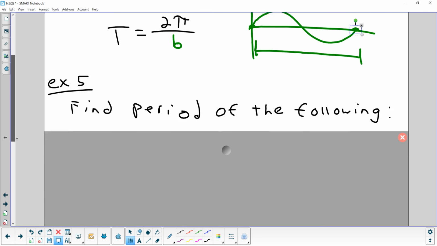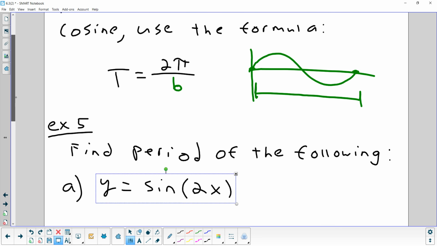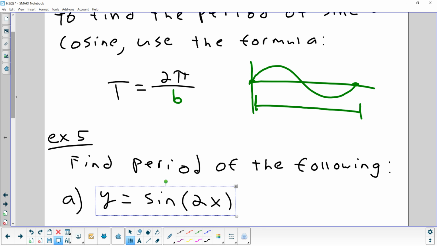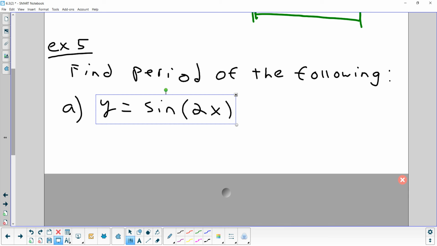Okay, we're going to find the period of the following. Let's start with y equals sine 2x. Don't even think about the formula yet. You're multiplying by 2. Is that going to stretch the graph, or is it going to compress it? It's going to compress it. So what that means is the length of the cycle is going to compress. It's going to shorten. So it's going to become a smaller number. So let's figure out exactly what that number would be.